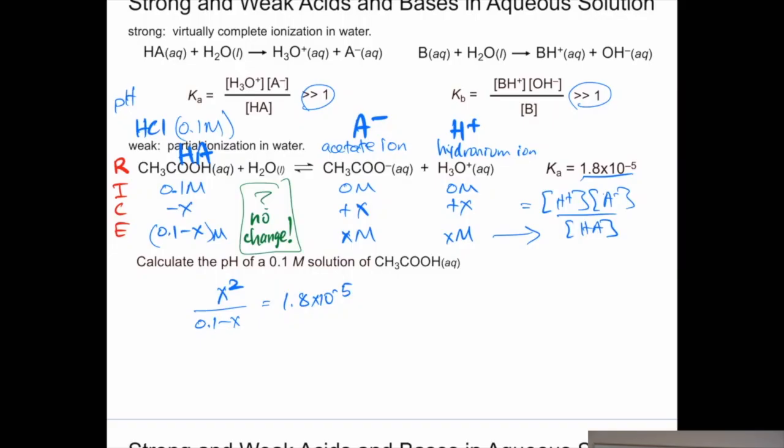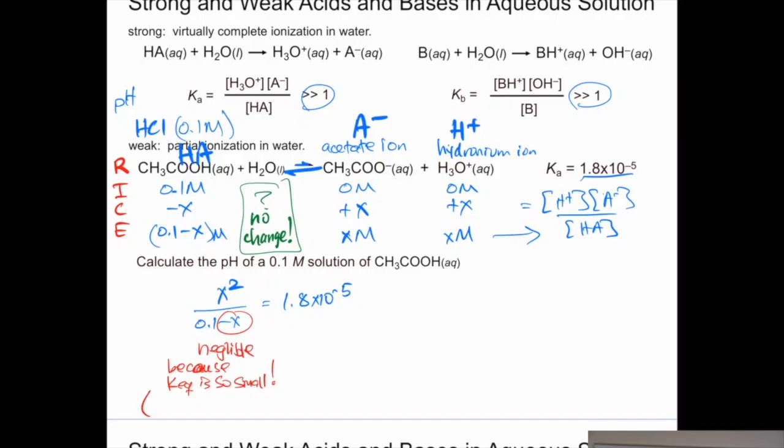It's mostly going in this direction, not that much in this direction. So whatever X is, it's going to be so small that when you subtract it from 0.1, it's pretty much still going to be 0.1. You can ignore it. Negligible because Keq is so small.